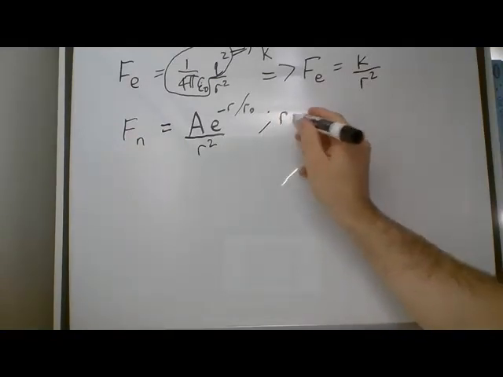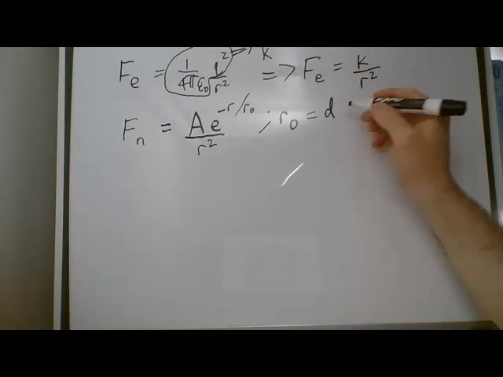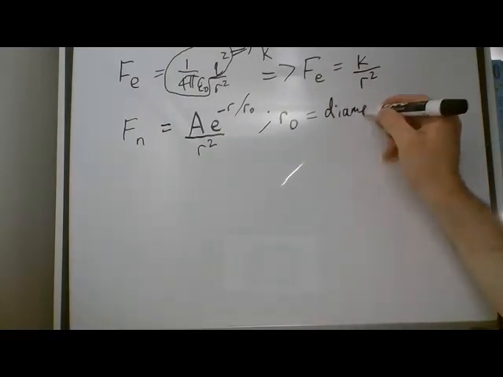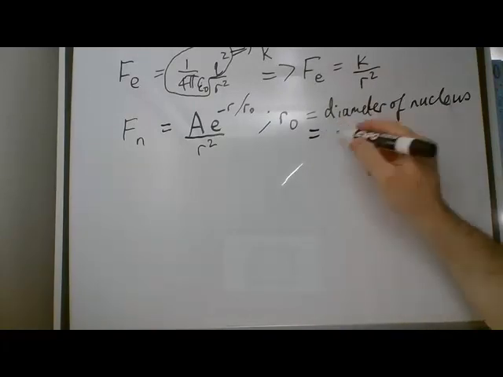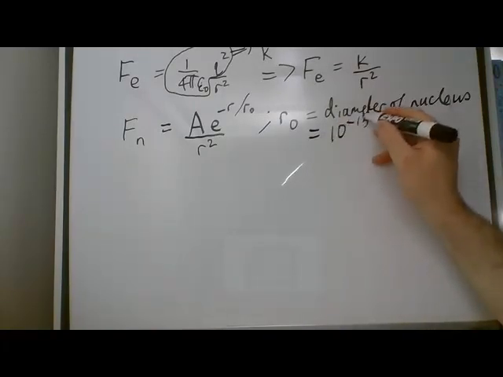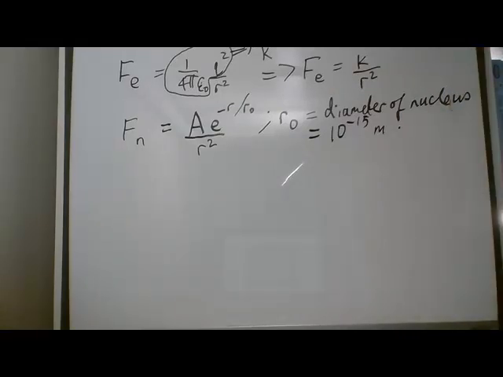Now, r0 we're going to assume is roughly the diameter of the nucleus, approximately equal to 10 to the negative 15 meter. So the nuclear force operates only within the confines of the nucleus, for reasons that we definitely don't have to discuss.